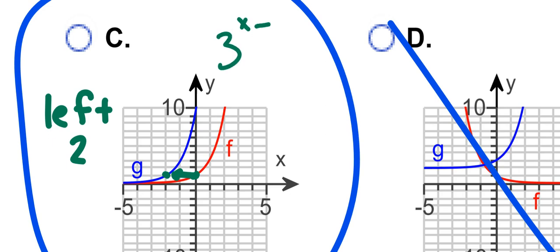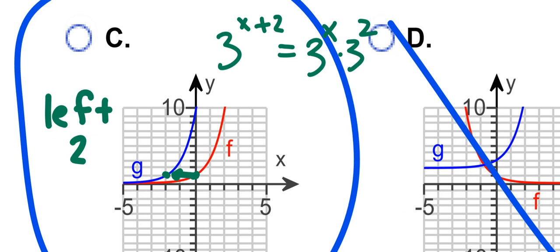3 to the x plus 2 could be written 3 to the x times 3 to the second. I know I could do that because we taught you in Algebra 1 that multiplying like bases, we add the exponents, which we have reviewed recently, especially when we were doing the fractional exponents.